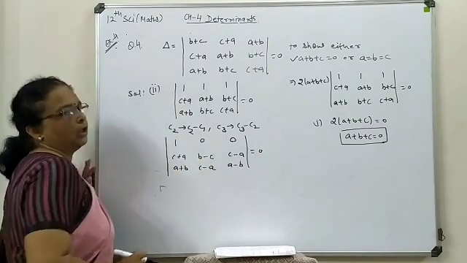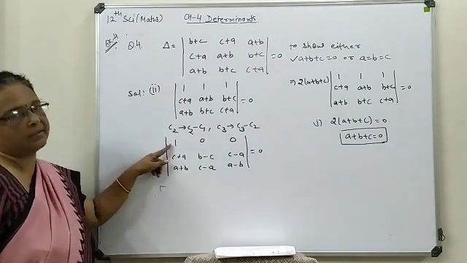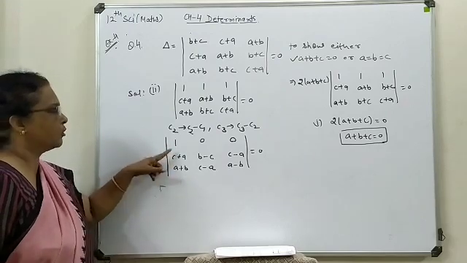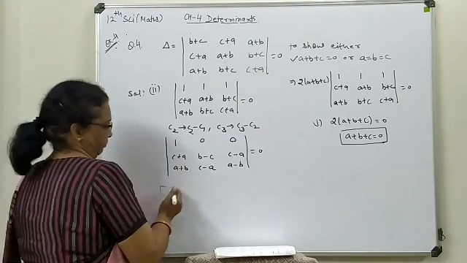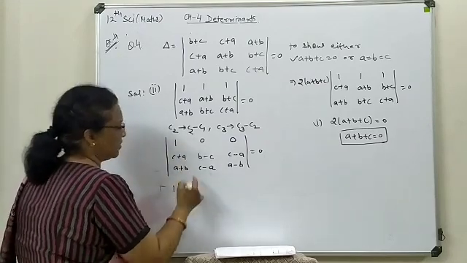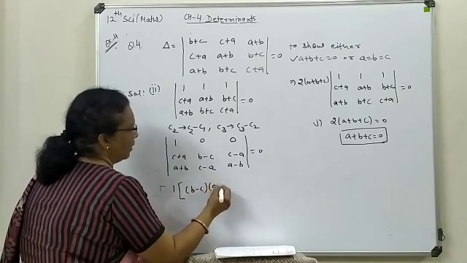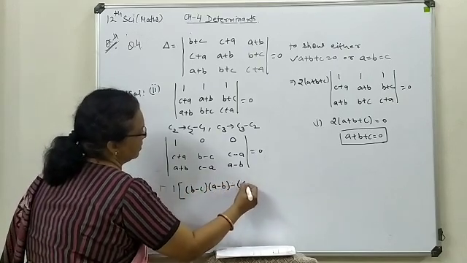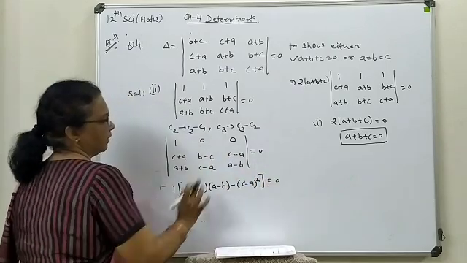Now you can see on the right-hand side we have this 1 as a single remaining element. So with respect to this one, go for the expansion. So it is 1 times b minus c, a minus b, minus c minus a whole square. Remaining are 0.